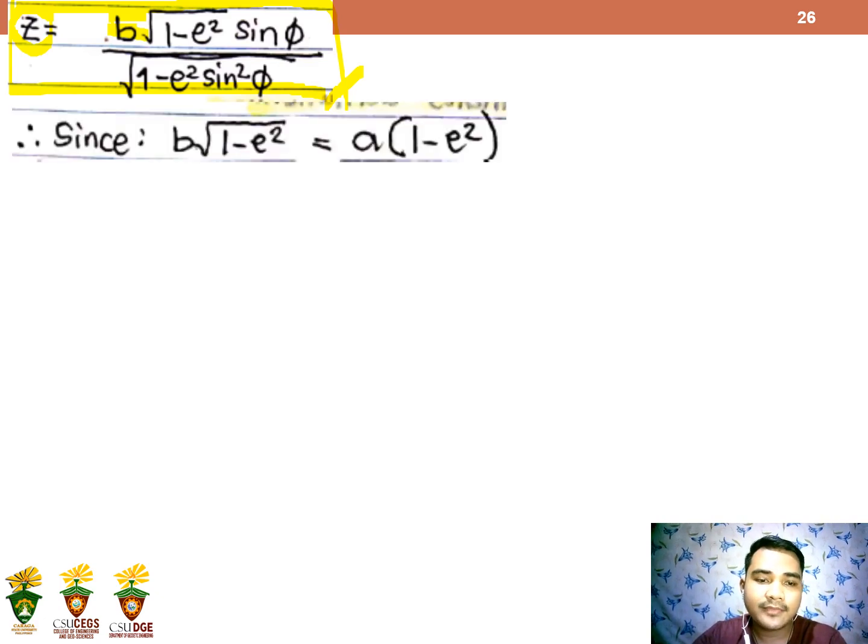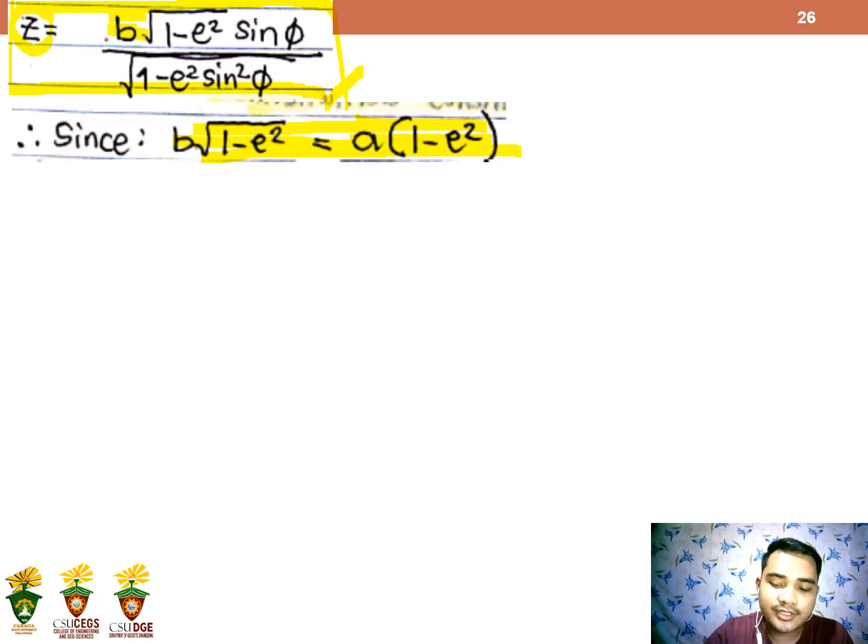Again, to do that, we have this identity in geodesy: b times the square root of 1 minus e squared is equal to a times 1 minus e squared. If this was already appealed in your problem set, then good. But if not, we will still solve it here on this slide.